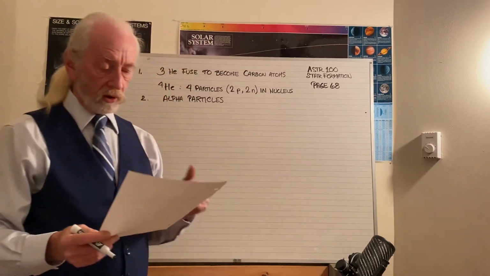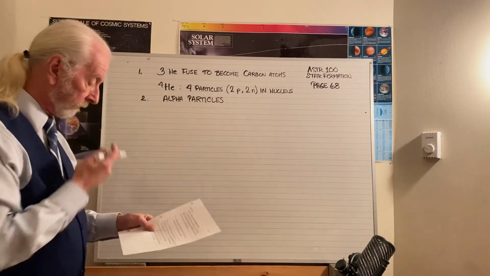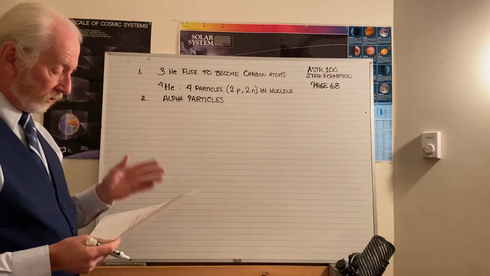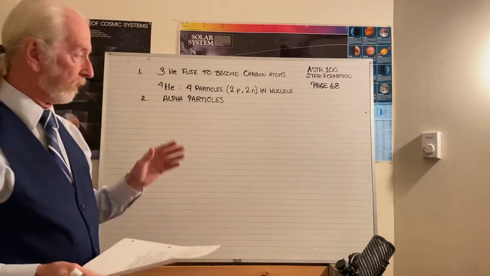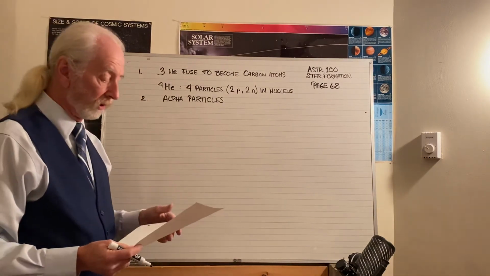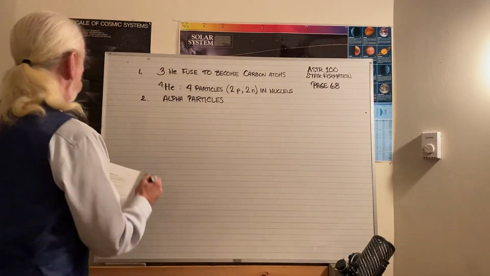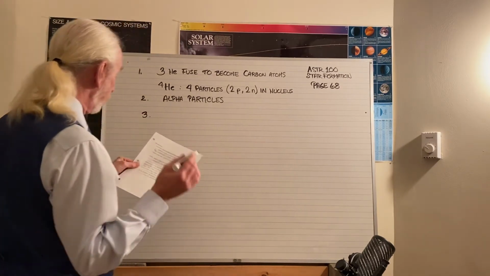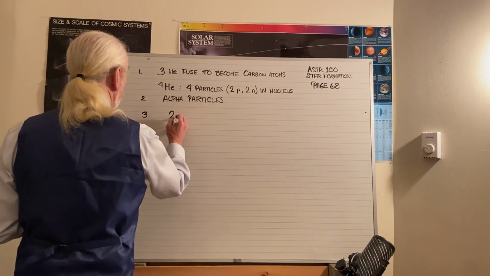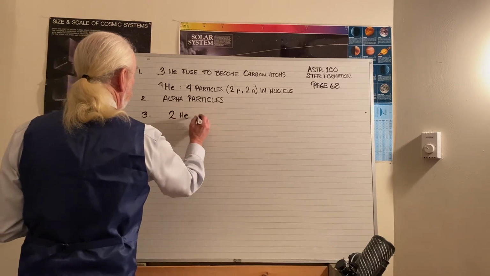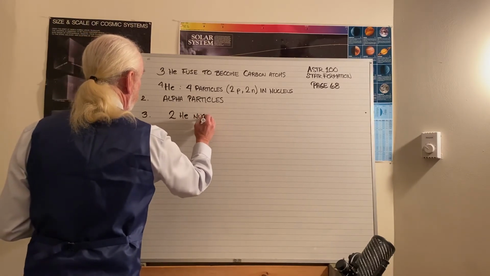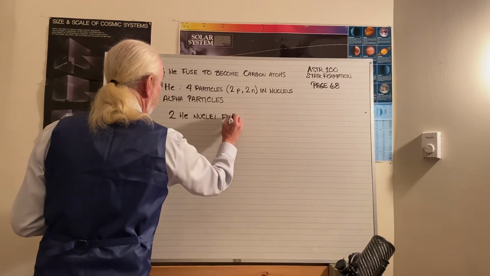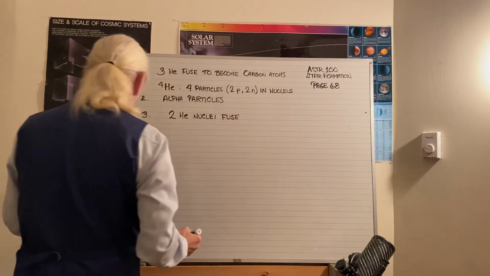Okay, so here's the process. And believe it or don't, this is actually kind of the stripped down version, but here's how it goes. Two helium nuclei fuse to become beryllium.